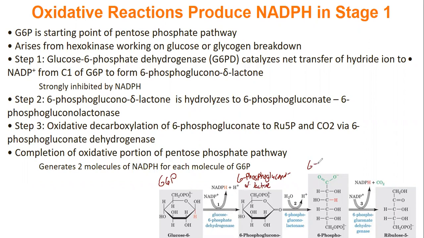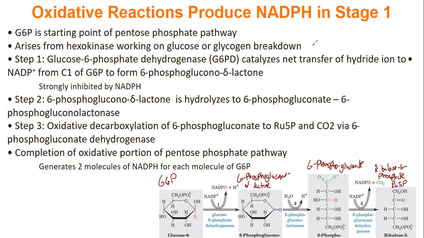This is 6-phosphogluconate. And this is ribulose 5-phosphate, also known as RU5P.